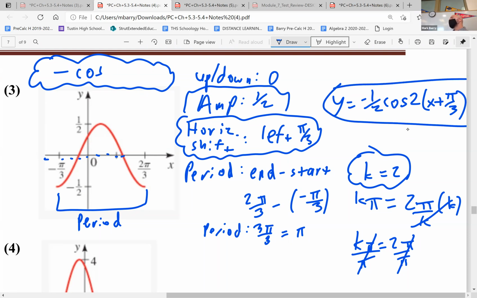So there we go. It's x plus pi over 3. Remember, with the left-right shift, it's always the opposite of what you would think. Plus is left and minus is right. So there's our answer.